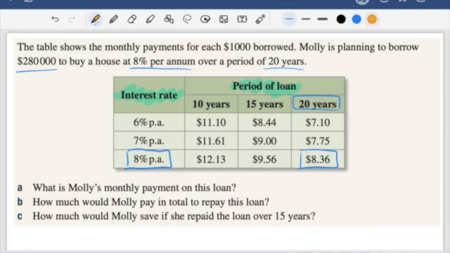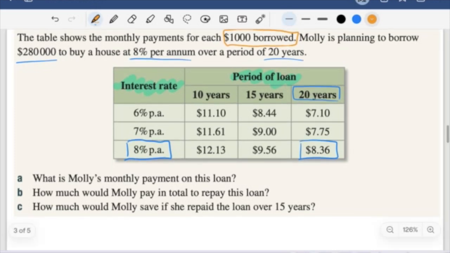Now, this is the slightly tricky bit when we work through questions like this. This table gives us the monthly repayments for every $1,000 borrowed. So for each $1,000 borrowed, we are paying $8.36 on that. We are borrowing $280,000. So we need to figure out, first of all, how many times 1,000 goes into 280,000, and that is what we're going to multiply by our $8.36.